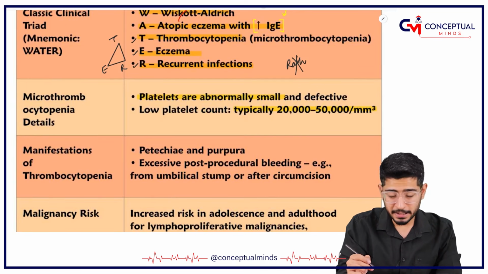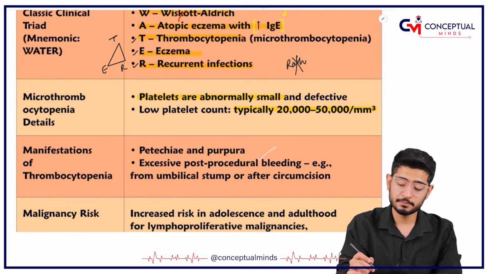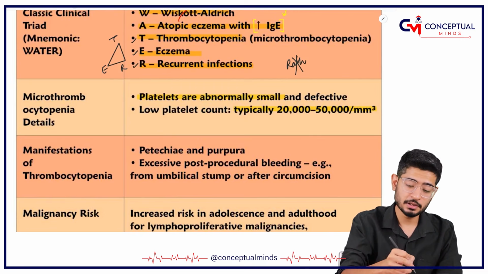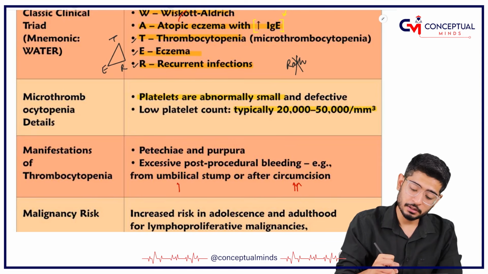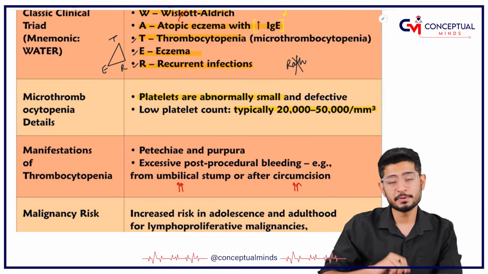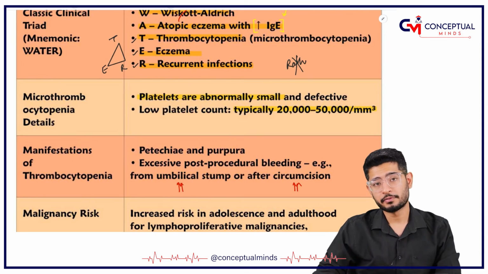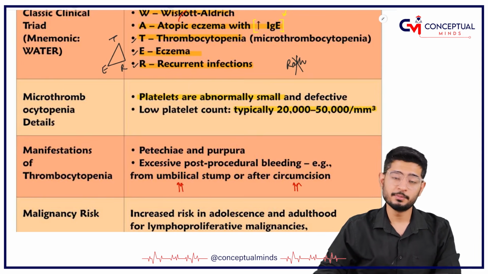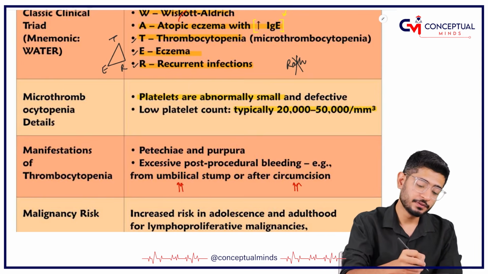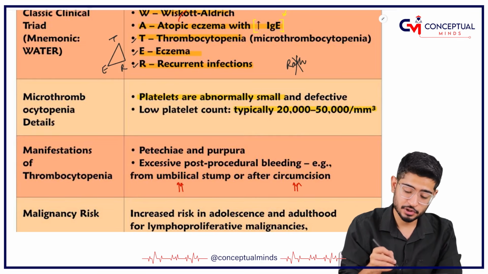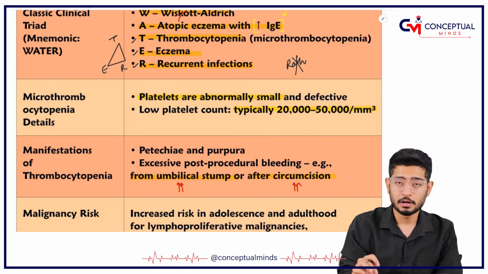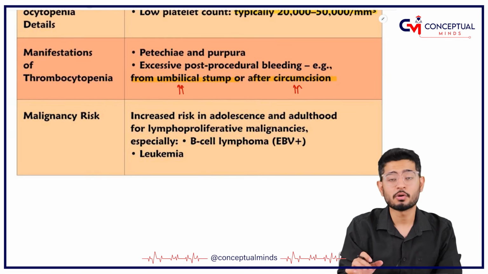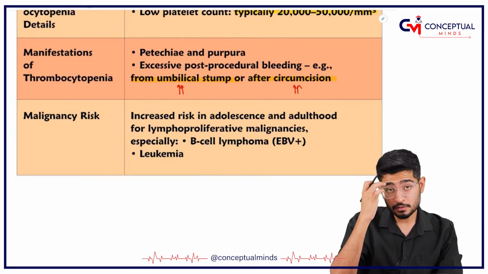Any procedure you do, for example circumcision, which is done in Muslim people, or after the umbilical stump is cut off from the body, it's going to bleed like anything. So these are the clinical hints suggestive of thrombocytopenia: a lot of bleeding from the umbilical stump and after circumcision.